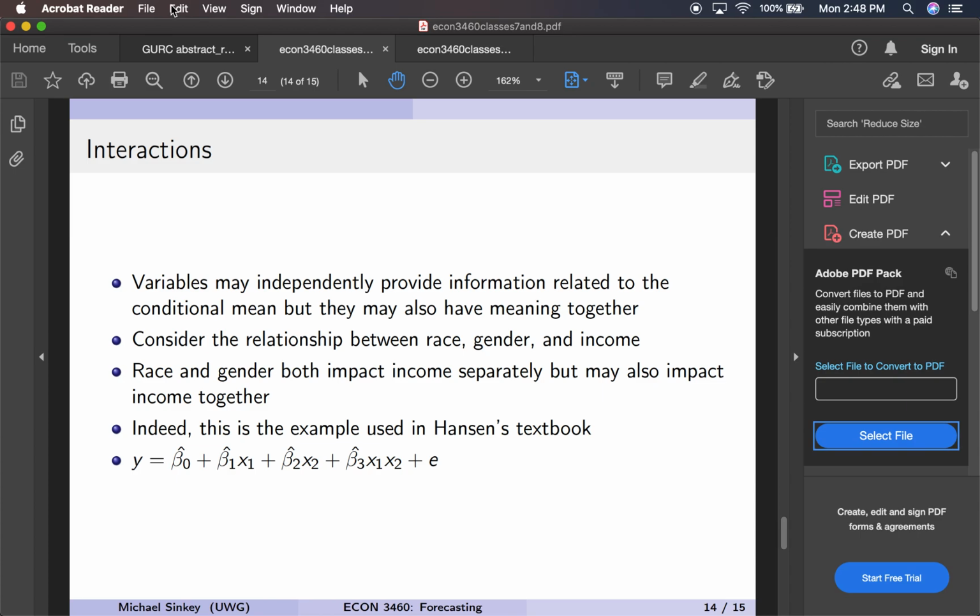So if you think of the effect of being a black woman on your income, there's an impact of being black. There's an impact of being a woman, but there's also a separate potential impact of being a black woman.